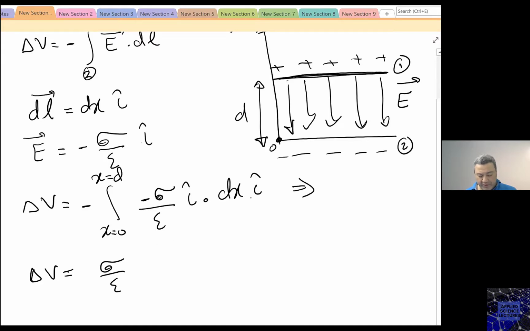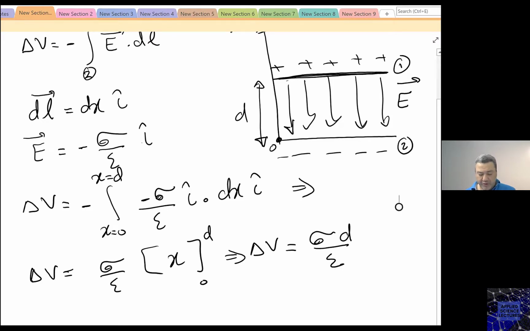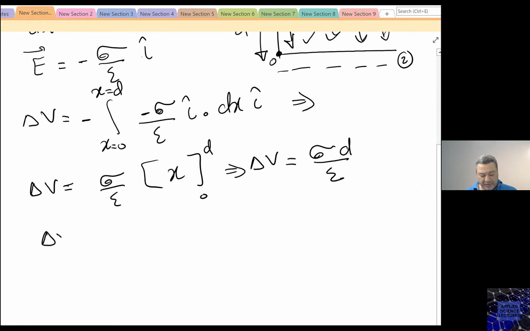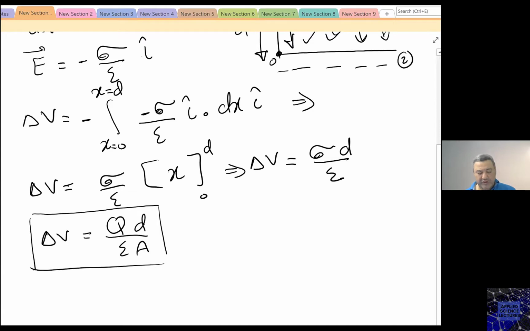I end up with dx, and integrating dx is going to give me x from 0 to d, and in this case delta V equals sigma d divided by epsilon, or I can say that the potential difference delta V equals, if I substitute sigma with Q divided by A, Q d over epsilon A. So now this is the potential difference between the two plates of the parallel plate capacitor.